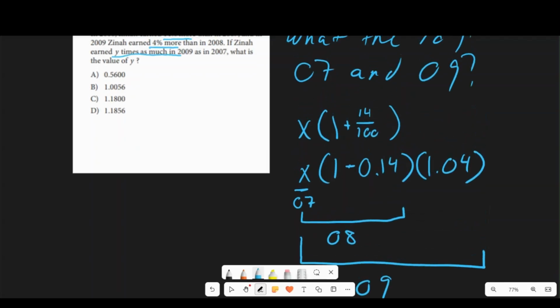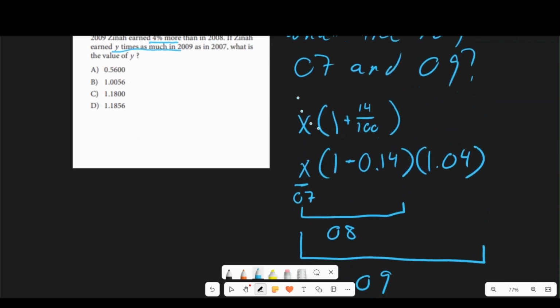So if we look at these two parentheses terms, that gives us the percentage increase from '07 all the way to '09. All we have to do is multiply 1.14 times 1.04.